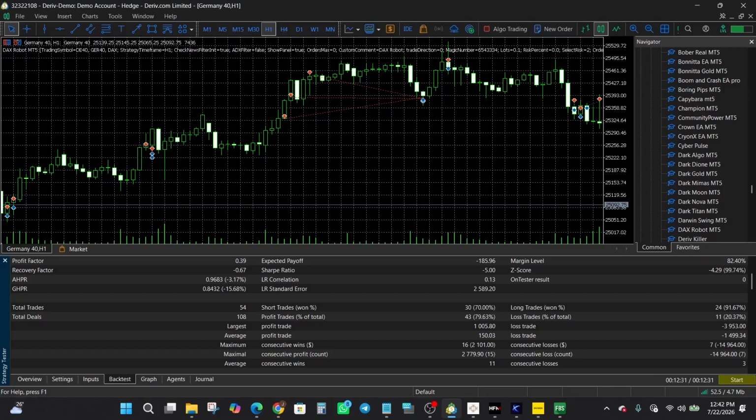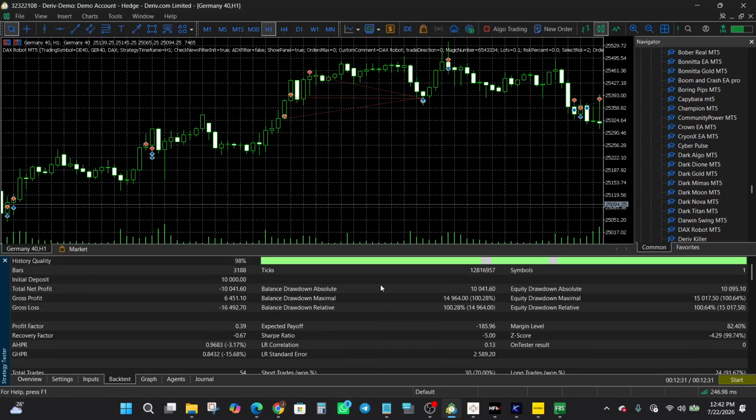All right. So the drawdown periods and recovery behavior give an idea of how the EA handled losing streaks or adverse moves, while the overall curve illustrates consistency or lack thereof across the backtest window. Now, as always with backtests, these are historical results only. Okay, they don't predict future performance.